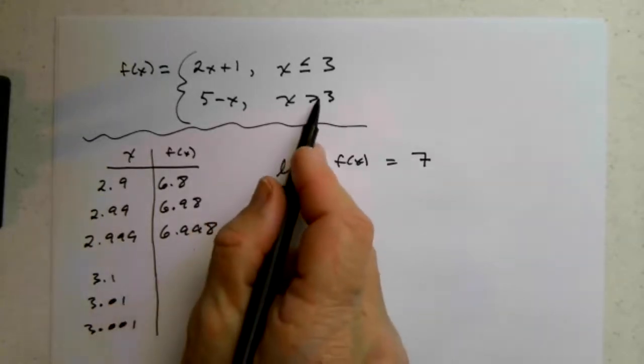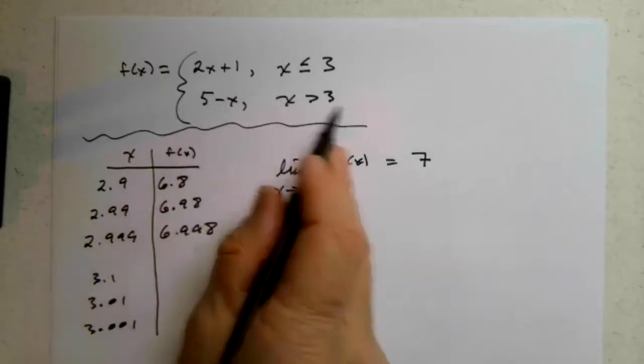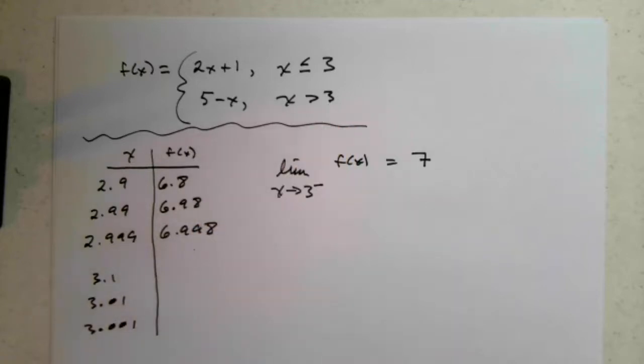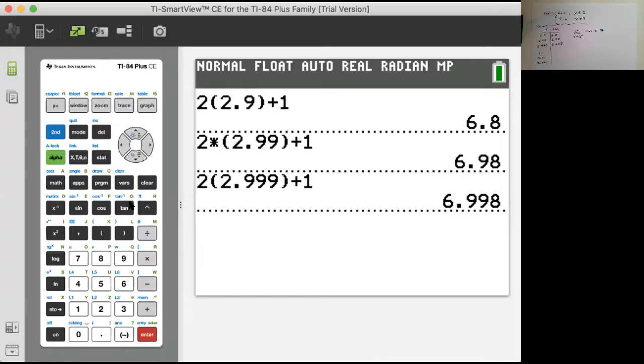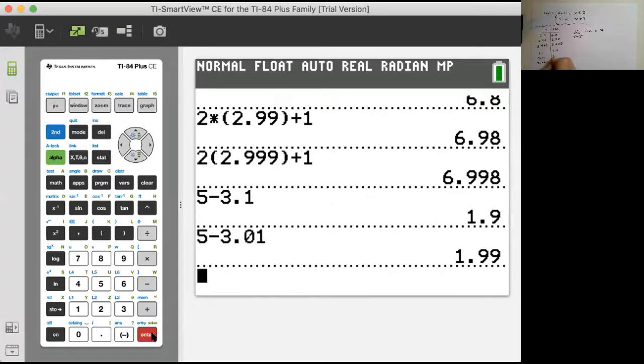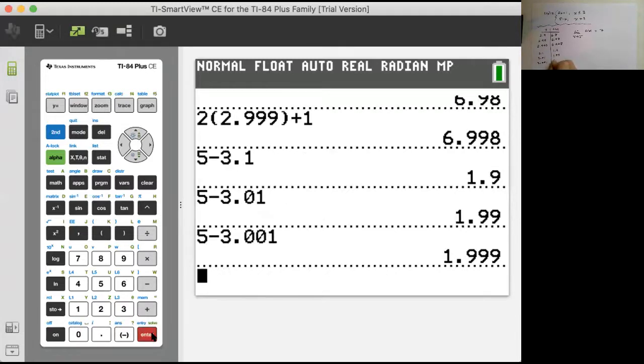Well, notice if x is bigger than 3, I'm now on the second branch of this piecewise function. So 5 minus 3.1 gives me 1.9, very different. 5 minus 3.01 gives me 1.99, and 5 minus 3.001 gives me 1.999.